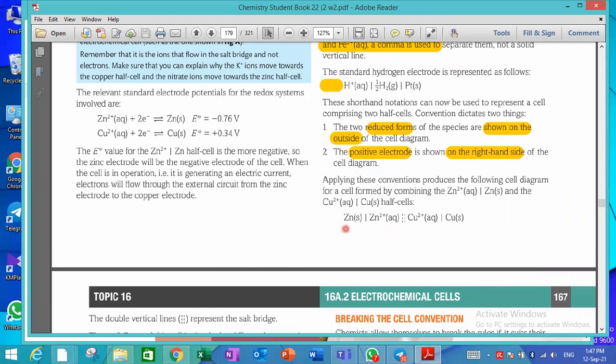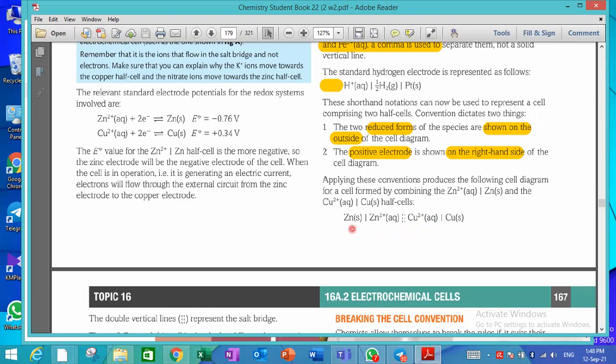We write the zinc metal, then the phase boundary, and then the zinc ions, aqueous, and then we put two vertical dotted lines that represent the salt bridge. This represents the salt bridge that is between the zinc ions and the copper electrodes.